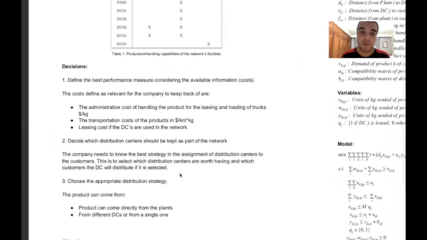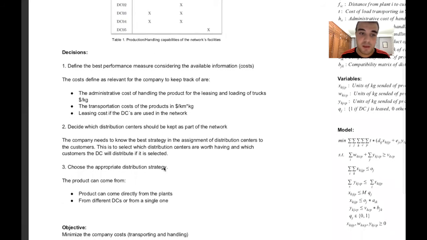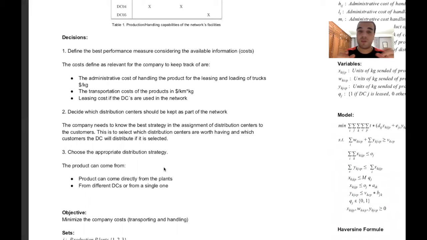So we have to define the best performance measure considering the available information. The costs defined as relevant for the company to keep track of are the administrative costs of handling the products for leasing and loading the trucks, the transportation cost of the products, and the leasing cost of the distribution center. Not the plant, that is not important because that is where it is produced.